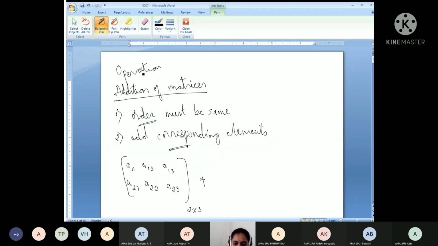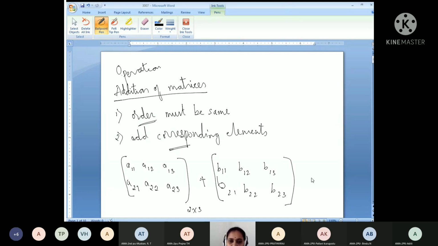Okay. Now I am writing another matrix. So another matrix B11, B12, B13, B21, B22, B23. This is the matrix. Okay.